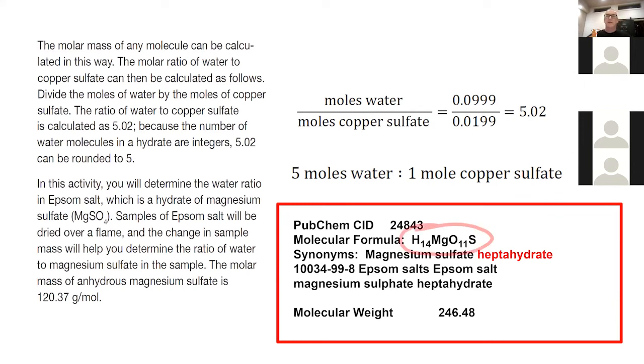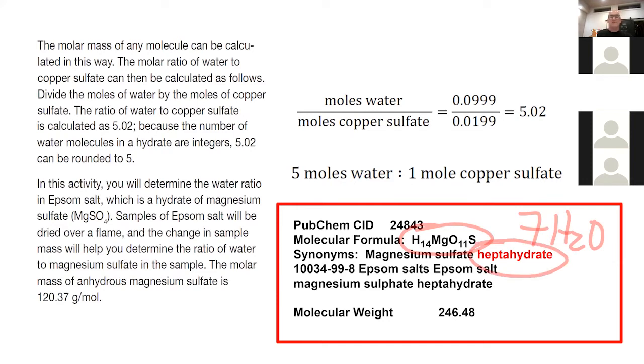That's the formula. And you can see there's H14 in there, and there's no hydrogen in magnesium sulfate. So that's all from water. So if you've got 14 hydrogens, that means you have 7 waters. And it's referred to as the heptahydrate.